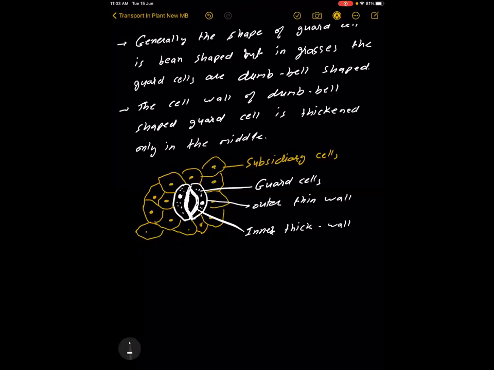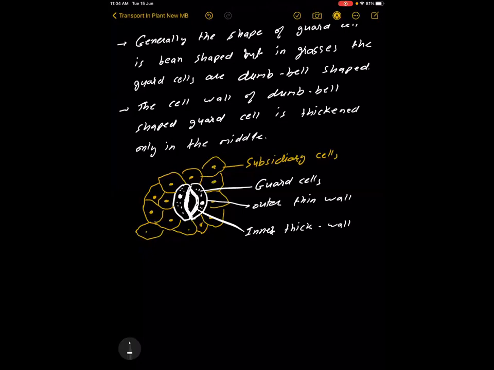No, it is not directly related to survival. Actually, plants have stomata, and because of stomata, transpiration occurs. They have their own role in transpiration, and transpiration is responsible for ascent of sap. So indirectly it is related to the survival of the plant.